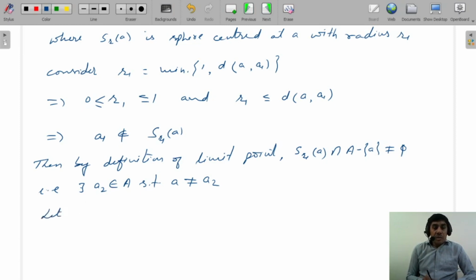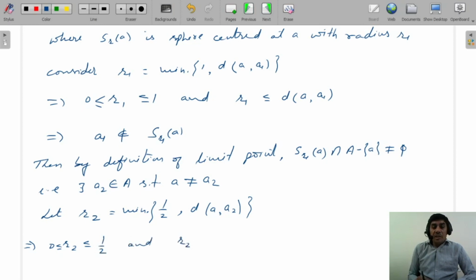Let r2 equal the minimum of 1 by 2 and the distance between a and a2. This implies r2 is greater than 0, less than or equal to 1 by 2, and r2 is less than or equal to the distance between a and a2.